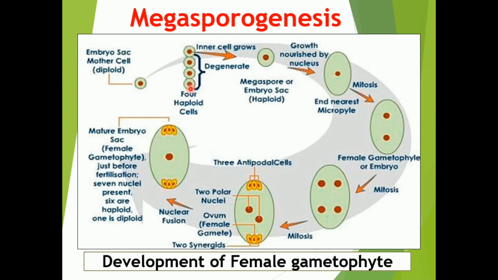Four haploid cells are called megaspores. The upper three megaspores abort and disintegrate, and only the lowermost, toward the center of the nucellus, remains functional. So in the tetrad, of these four, only the lowermost is functional.